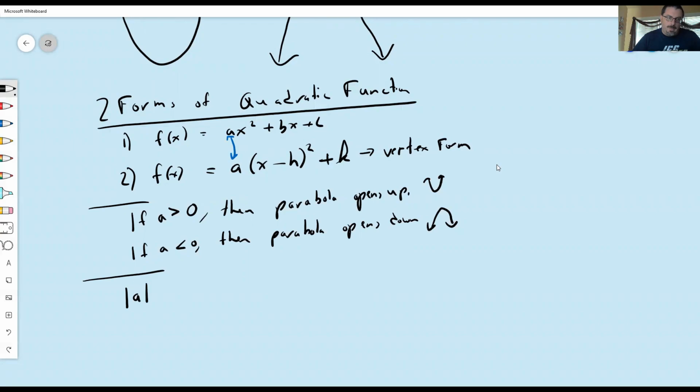So if the absolute value of a is close to 0, so basically smaller than 1, then the parabola is wider, because the absolute value is further from 0.